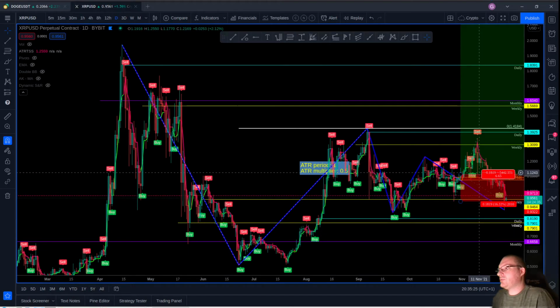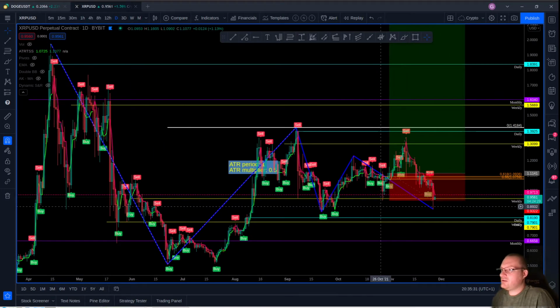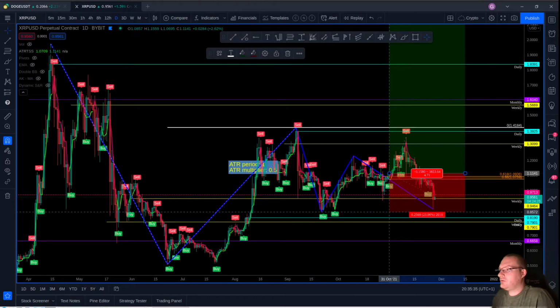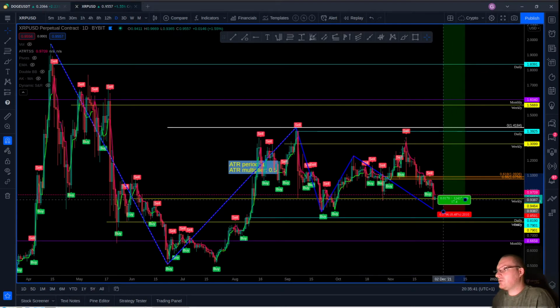I got stopped out on this trade, but actually you can make the case for going into XRP at this moment, if you don't want to trade with the algorithm, of course.